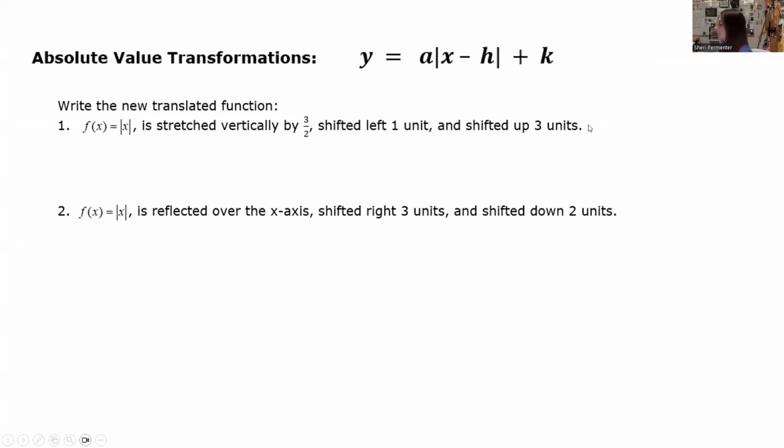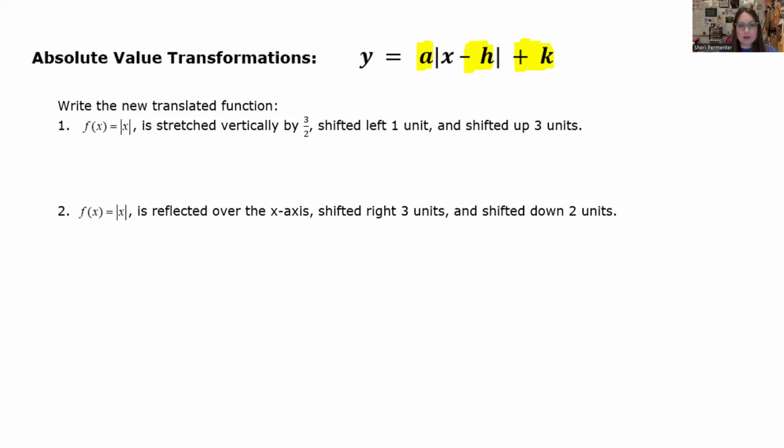Anytime we have these types of problems, I am going to write the equation, and I'm going to leave myself space in the 3 spaces that you could have a value: A, H, and K. There's only 3 places you can plug in a value or put something there. So I'm going to write my basic function.